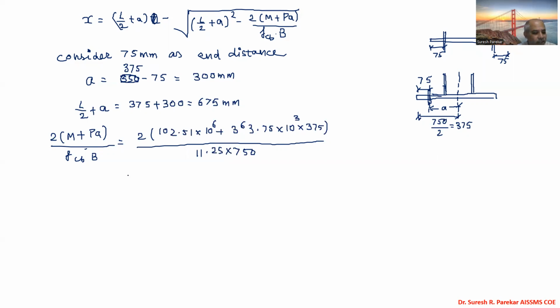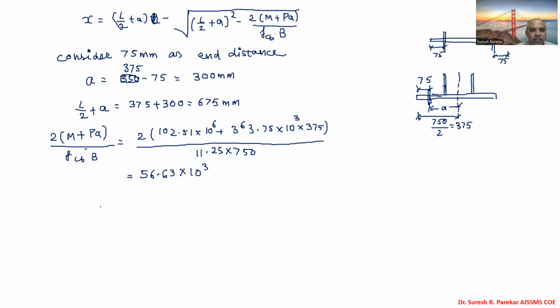So just I will check it. 102.51 into 10 raised to 6 plus 363.75 into 10 raised to 3 multiply by 375 multiply by 2 divided by 11.25 into 750, and then it comes 56.63 into 10 raised to 3.